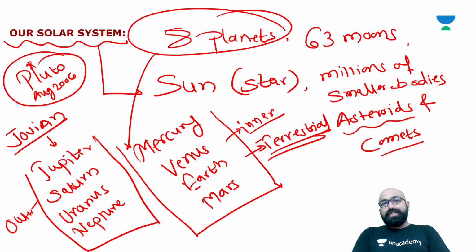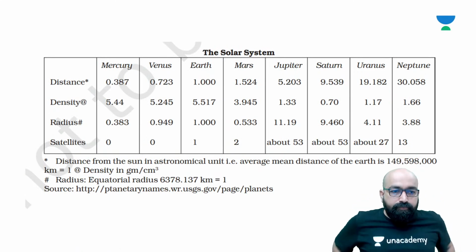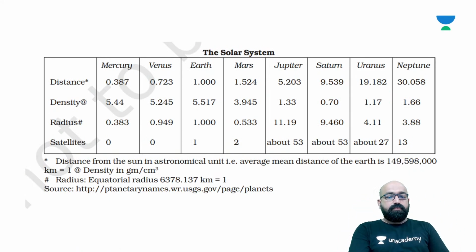Some data regarding our solar system are given in the table. Now see the distance, density, radius, and satellites.